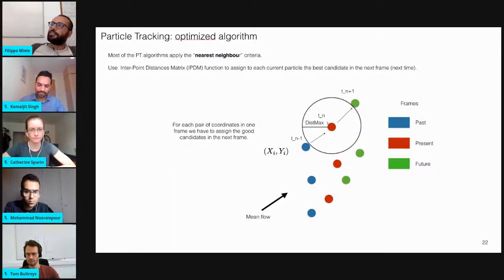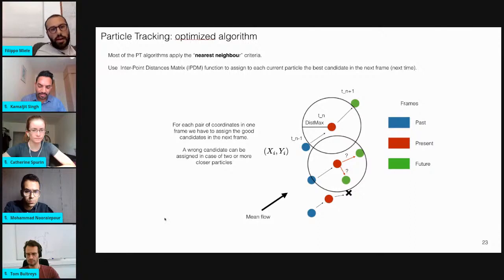Now, you can see that this works, for example, for this case, but the criterion may fail if you have two or more candidates, so two or more close particles within a given distance. If you are using the criterion of minimizing the distance, you may also assign the wrong candidate to such particles.